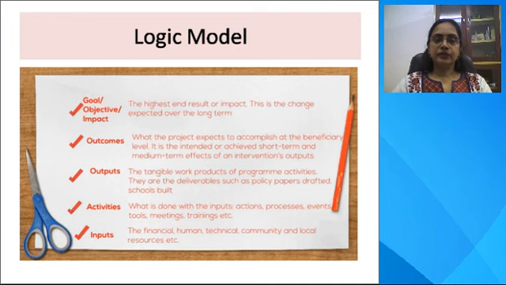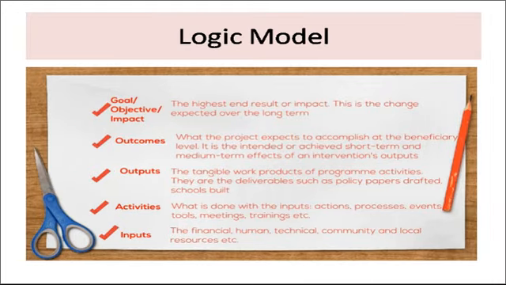So how does it look and what are these different factors? Let us understand what input is. Input refers to the different resources which are invested in a program. For example, it might be technical assistance, computers, certain medicines or other things which are distributed.